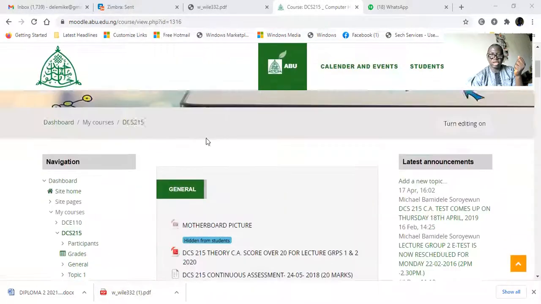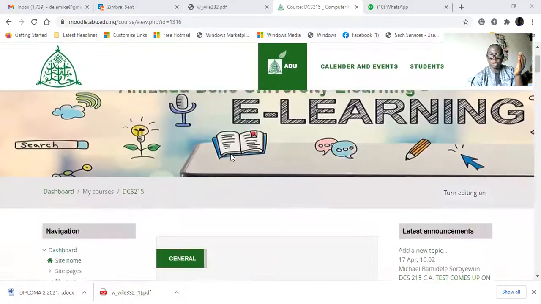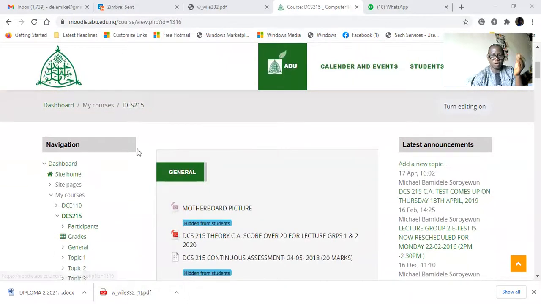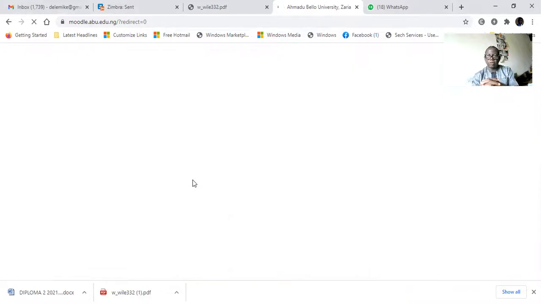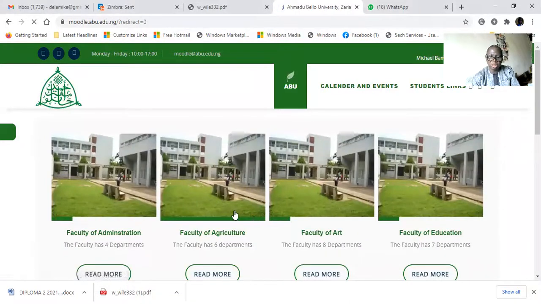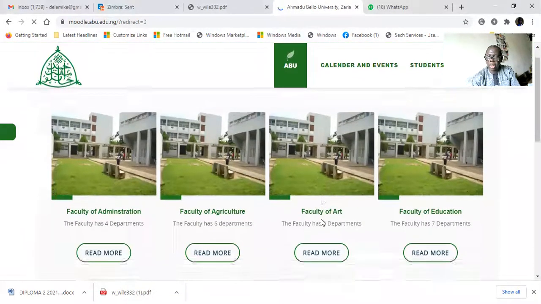And so this is DCS 215. So if you register and you come, you need to search for the course. You come to the site home. I want to do this as a way of introduction so that we can get going immediately and start the lecture and lab.